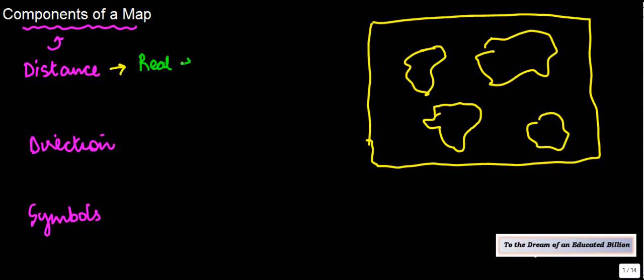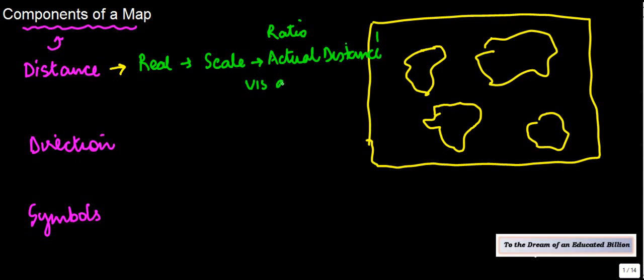What that means is, every map has something called a scale. A scale represents the ratio of actual distance vis-a-vis its size on the map. What does this mean?